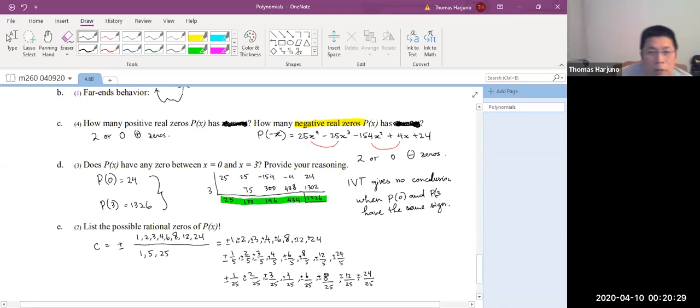Now, it's by something called the boundedness theorem. By the boundedness theorem, if you divide by c, a positive number, and the last row is all positive, then there is no zero greater than 3.